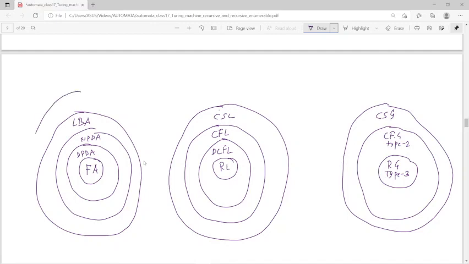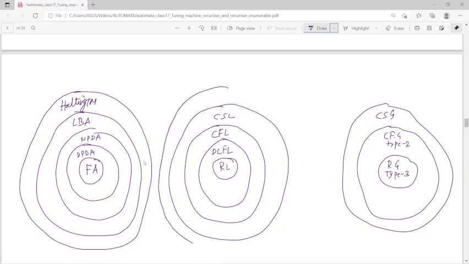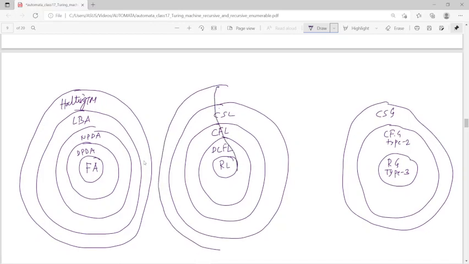And then this is a part of the halting Turing machine, right? And the corresponding language is called recursive.